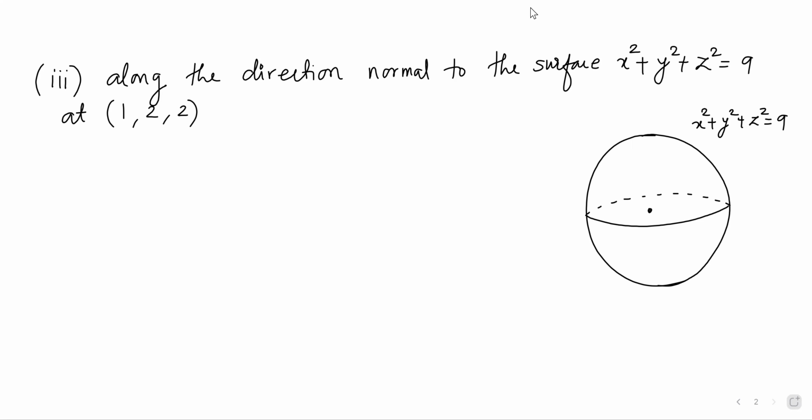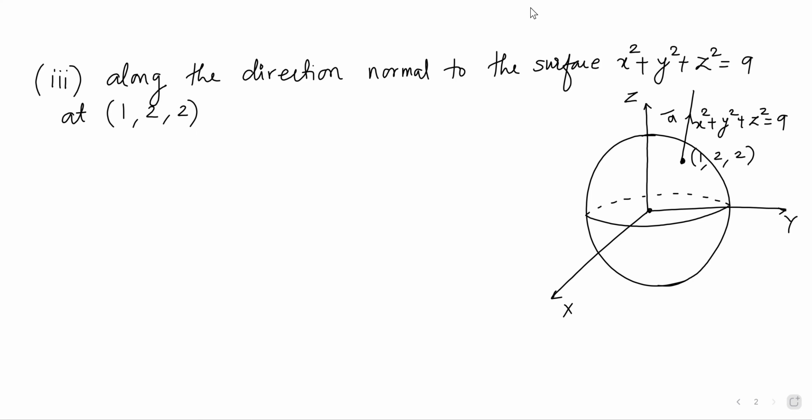Here are the x-axis, y-axis and z-axis. The point (1, 2, 2) will lie somewhere here, suppose. I want to find it out normal to the surface. So this is your A bar.